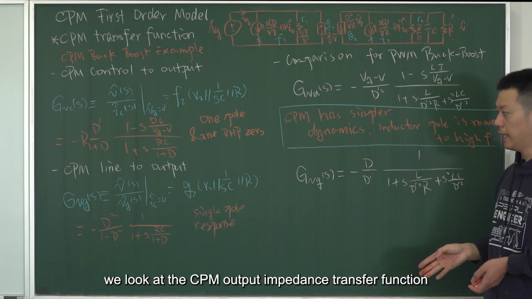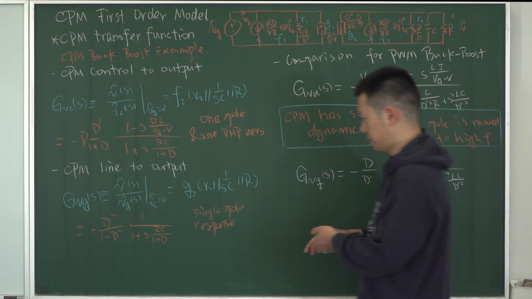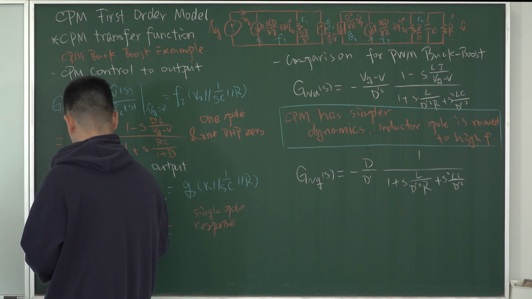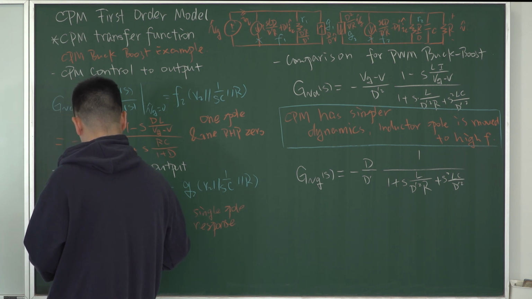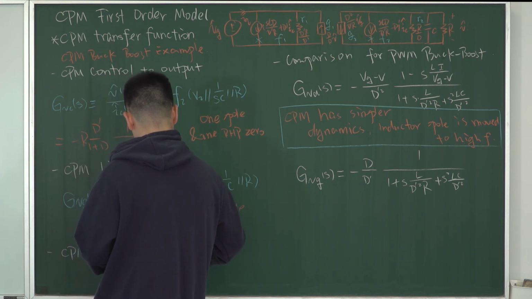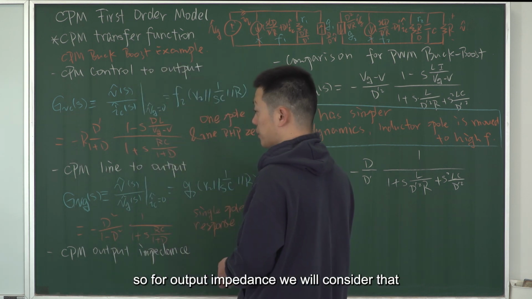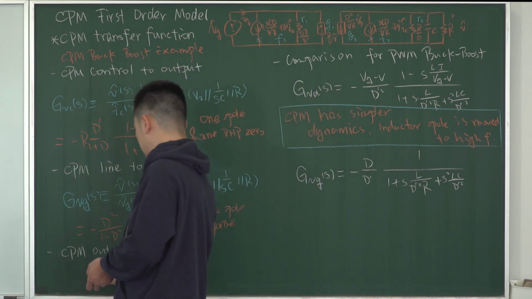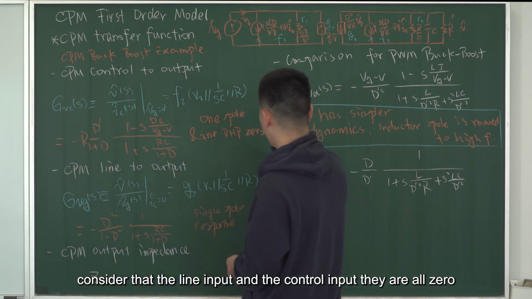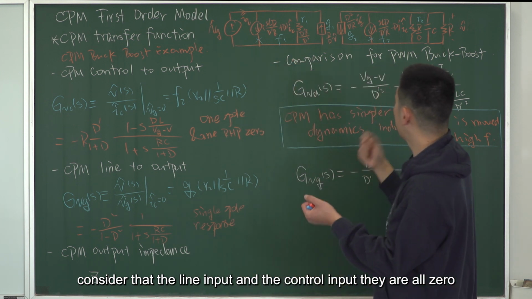Thirdly, we look at the CPM output impedance transfer function. For output impedance, we consider that the line input and the controller input are all 0.